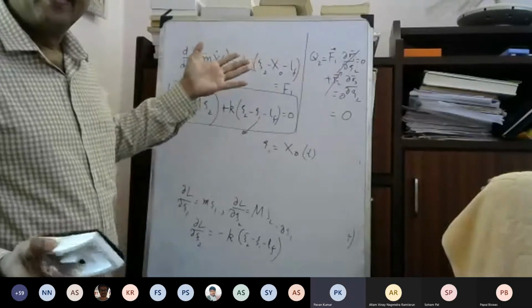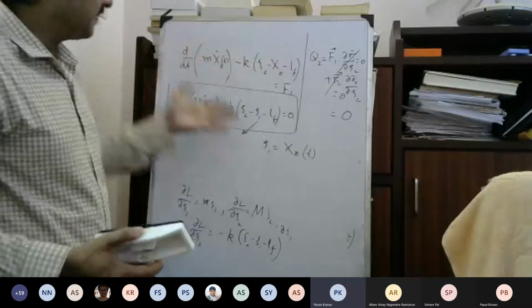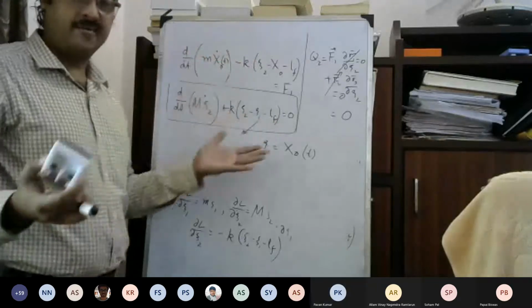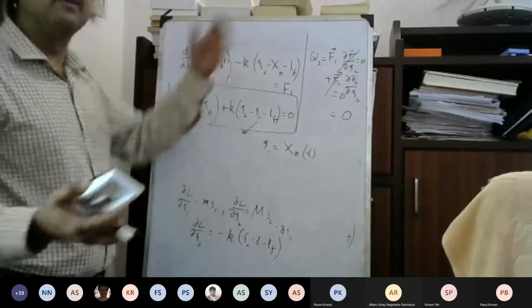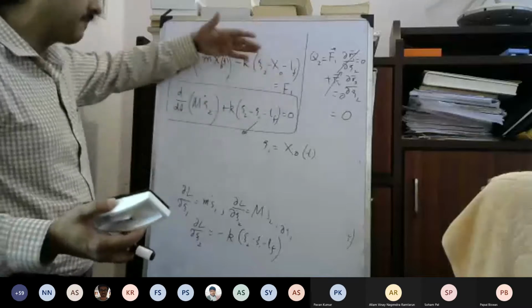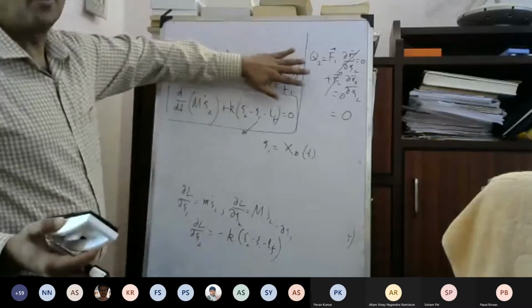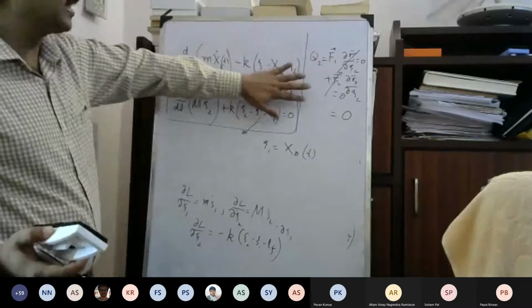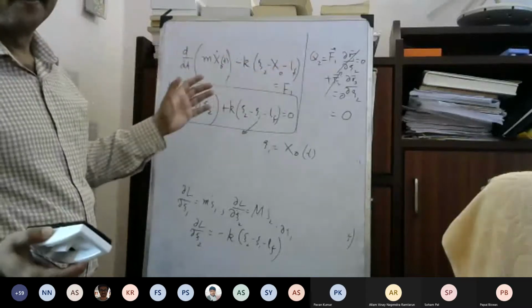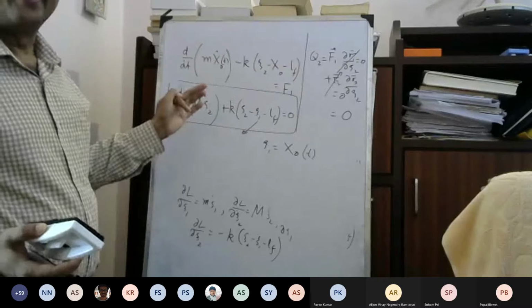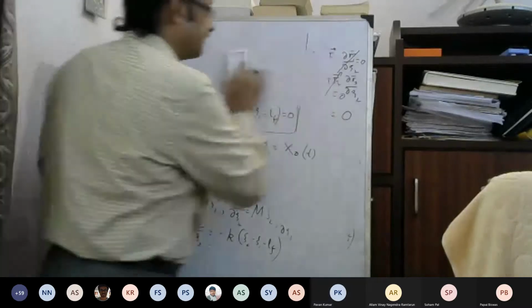Yes, sir. Understood. Is this clear? Why did I not consider the other? You could, and you should have considered it, but then you would have got the force which is required to maintain the motion. Fine.